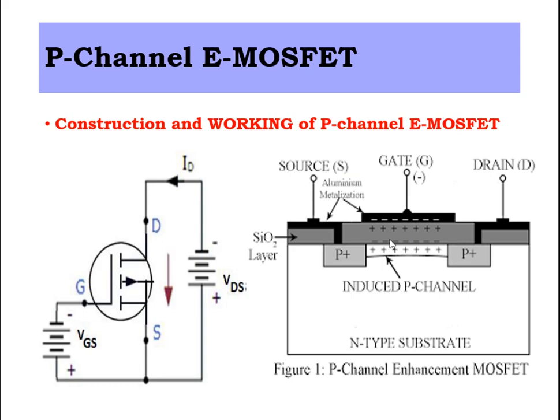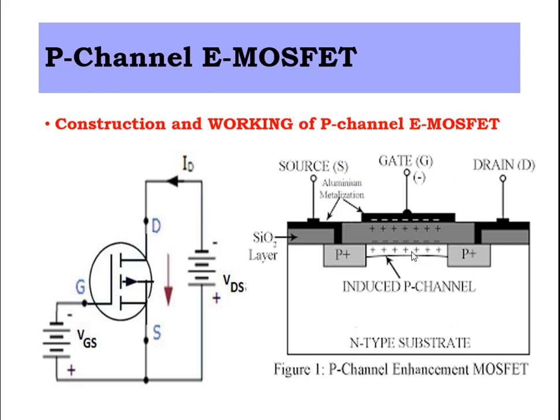Because of this negative potential available at the gate terminal, all the holes, which are the minority charge carriers present in the N type substrate, are attracted towards the gate terminal. So this makes a creation of a P channel. Therefore the P channel is induced near the gate terminal.